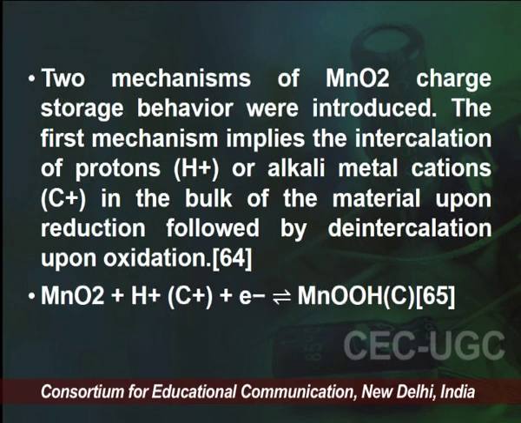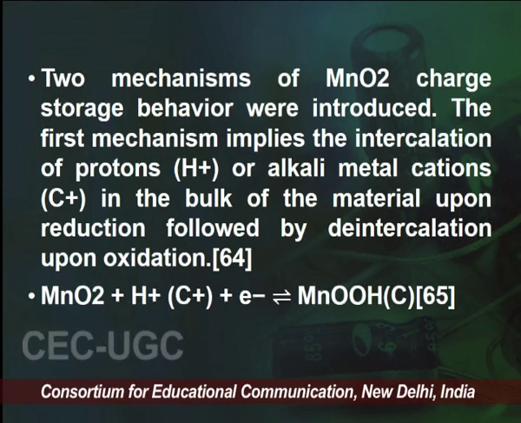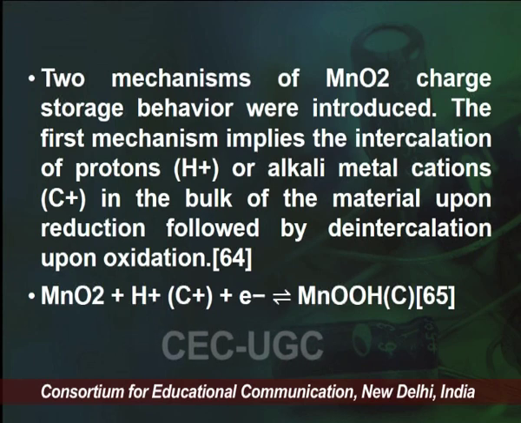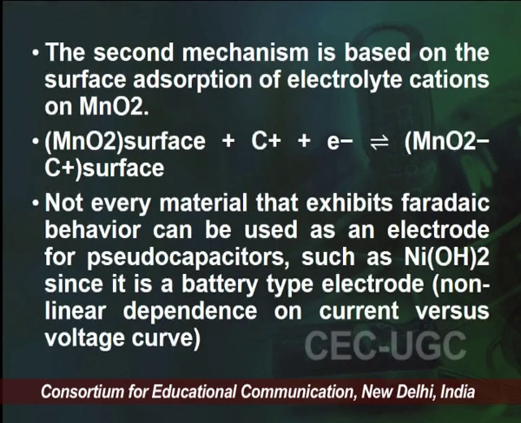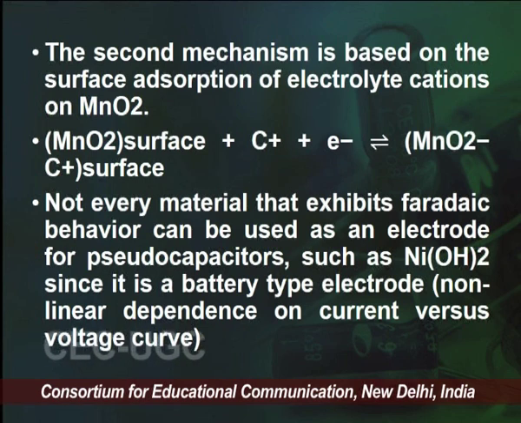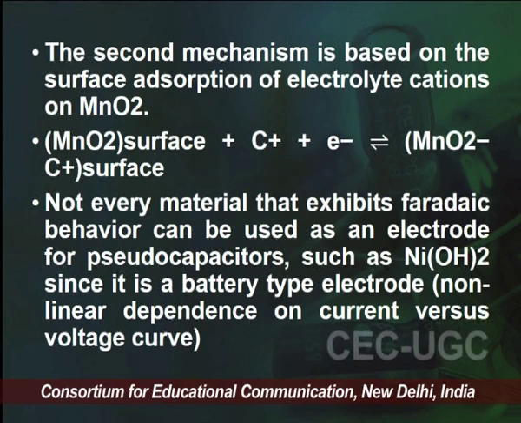As you see, MnO2 + H+ (or C+) + e- gives MnOOH (or MnOOC), which is taken from the reference. And the second mechanism is based on the surface adsorption of the electrolyte cations on the MnO2. You see, MnO2 surface + C+ + e- gives MnO2-C+ surface.